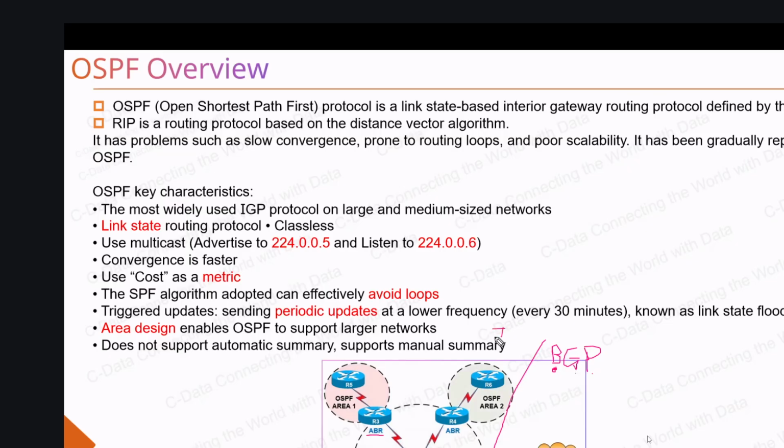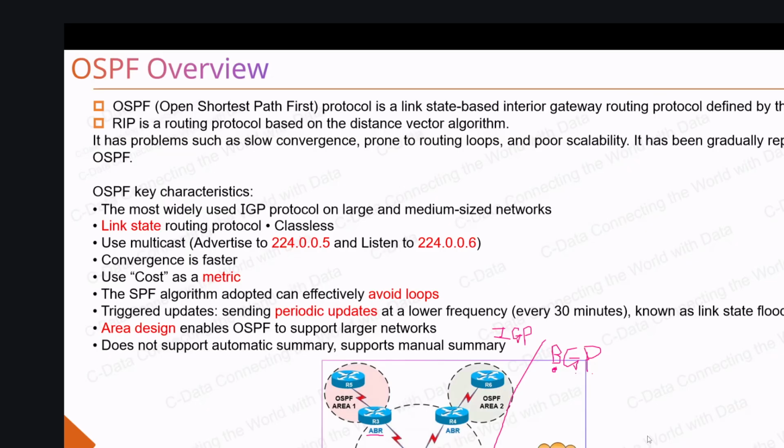All of these are IGP, the interior gateway protocol, which remains in one area, while this one is already going to the WAN, the internet. So we call this one the ASBR.